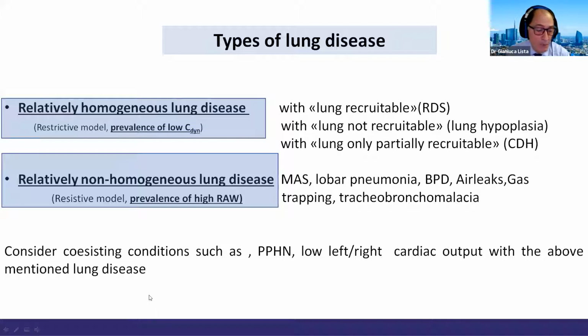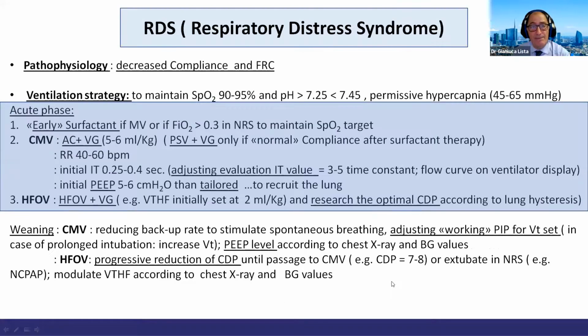We always have to consider the correlation with the hemodynamics, because in many babies during mechanical ventilation there is also persistent pulmonary hypertension, or low left or right cardiac output, and the mechanical ventilation can have a negative impact on the hemodynamics.